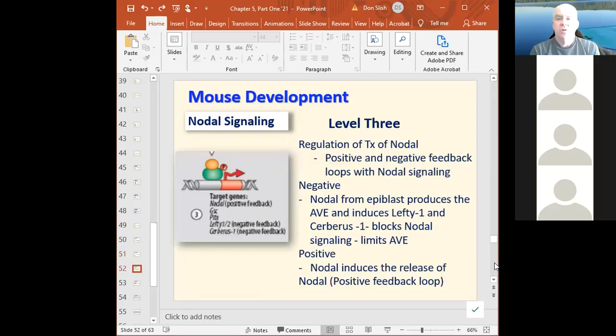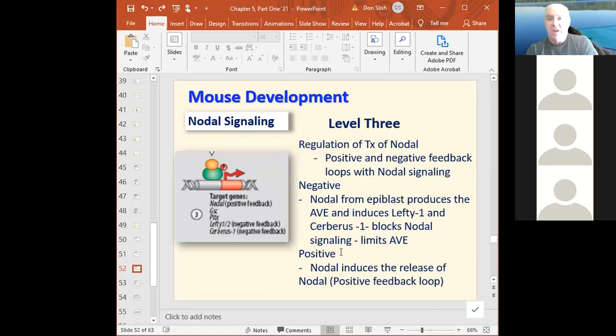Third level of control is level of transcription. I would call this the first, but your book calls it the third. And so we see this all the time where nodal increases the transcription and release of nodal, okay? So you get this positive feedback loop, and we'll see this especially at the proximal end of the embryo.